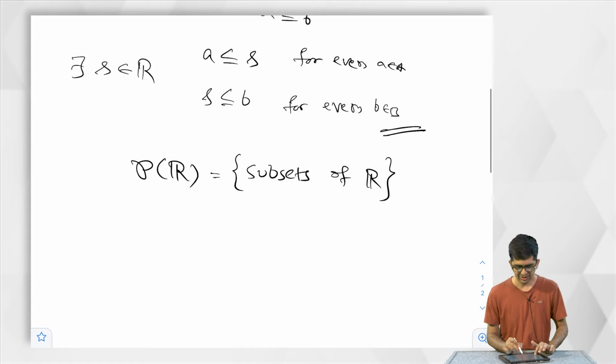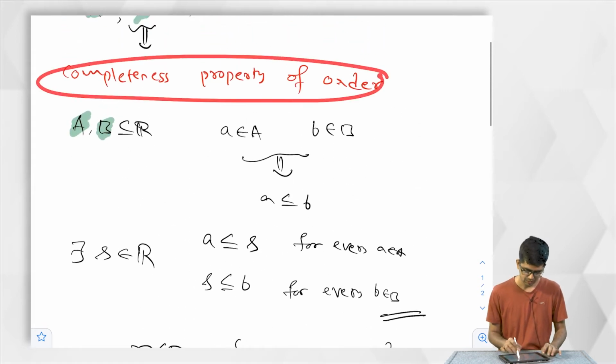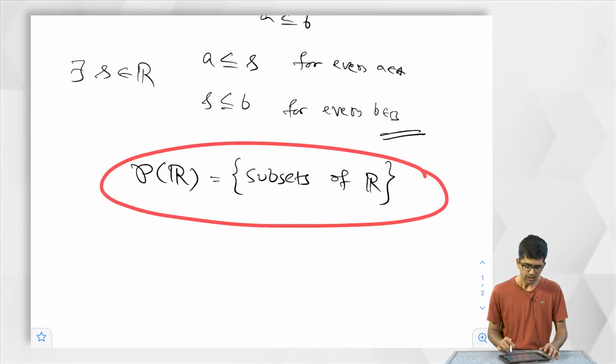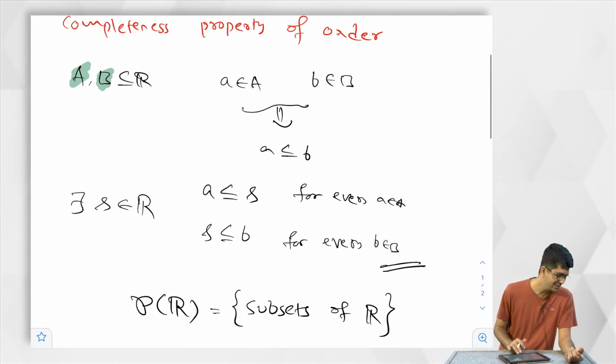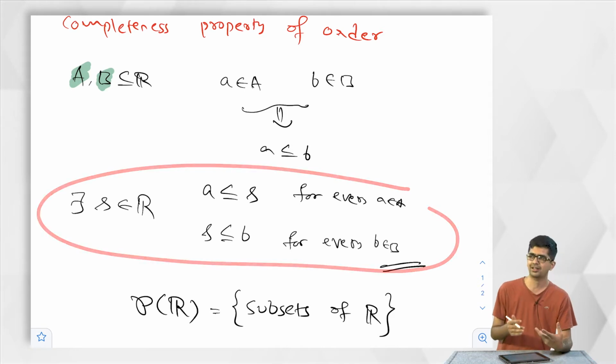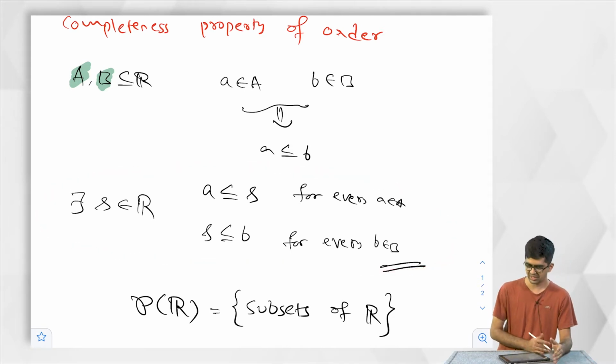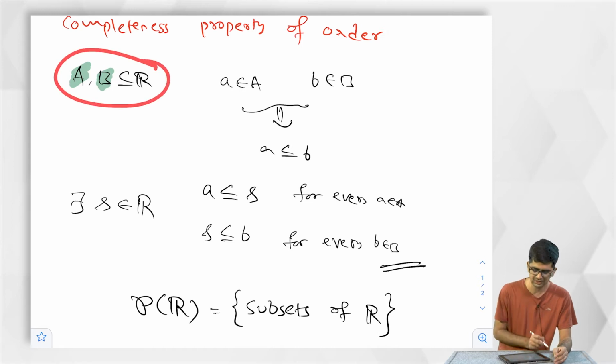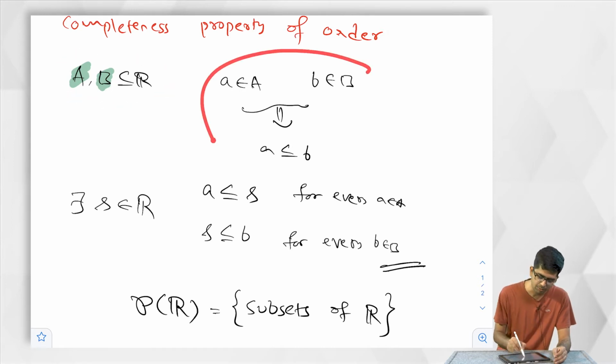Now, we will try to use this completeness property to understand this, but unfortunately this kind of existence or extra information is not given for any arbitrary subset. They have to be of this form.